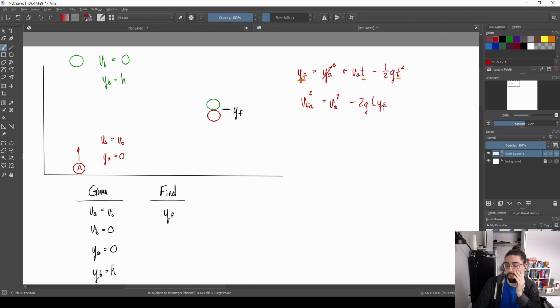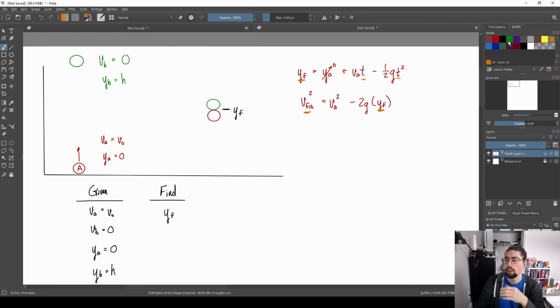Y final minus 0. Okay, I don't know this. I don't know this. And if I look between these two equations, there are 3 unknowns. Okay, well that's not working. So maybe this isn't enough information.